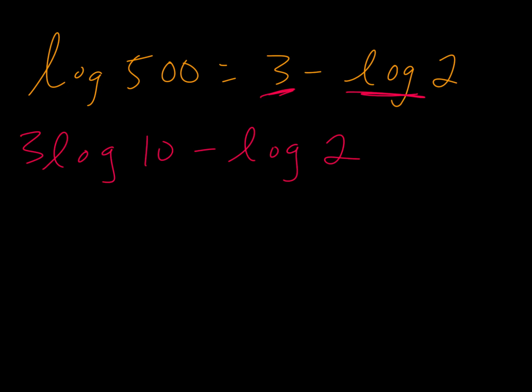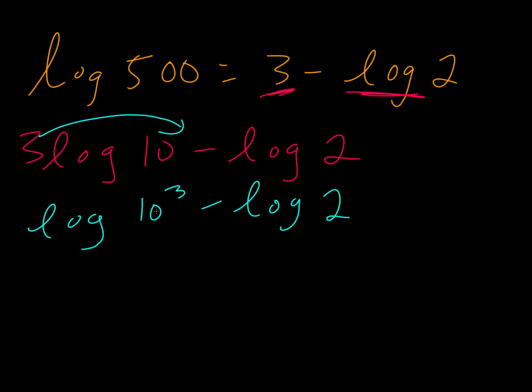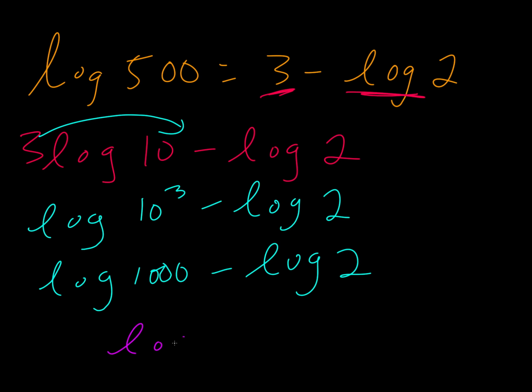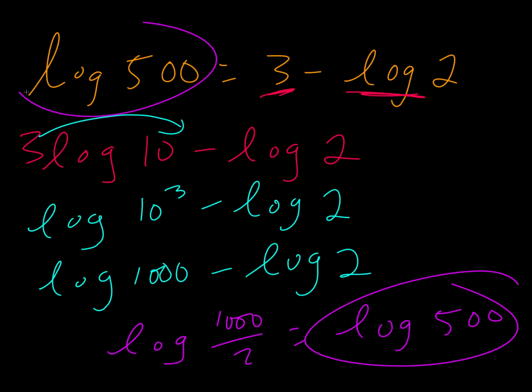And then after this, I want to somehow combine my logs, so I'm going to bring the exponent over here. So log 10 to the 3 minus log 2. So that's 1,000. So I'm going to say log 1,000 minus log 2. Our rules say that we're going to do 1,000 divided by 2. So log of 1,000 over 2, which is log 500, which is what I needed to prove.